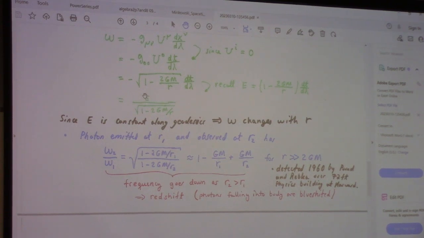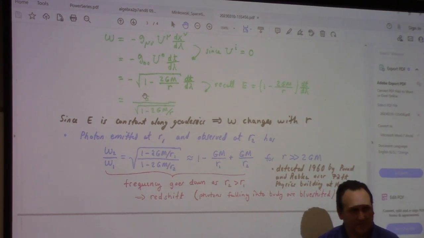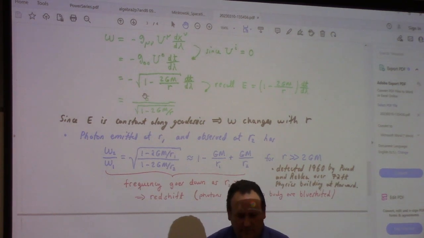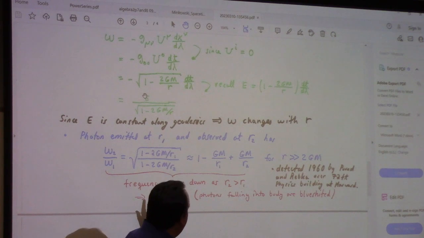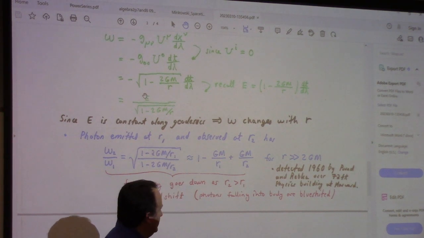I think it's interesting. There's also a redshift in special relativity, a relativistic Doppler effect. That's a different thing. These are competing effects. Like I said, frequency goes down as the radius increases, so this is a redshift.